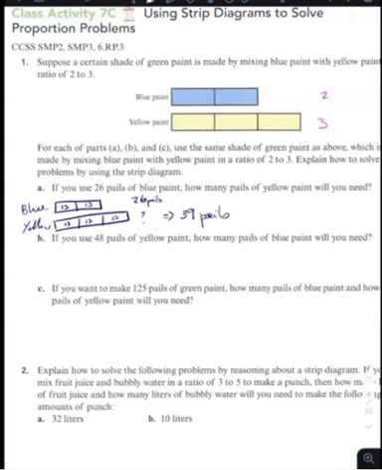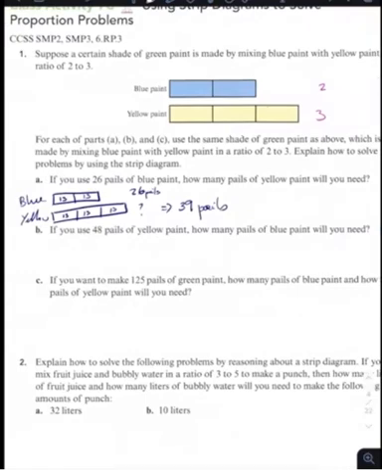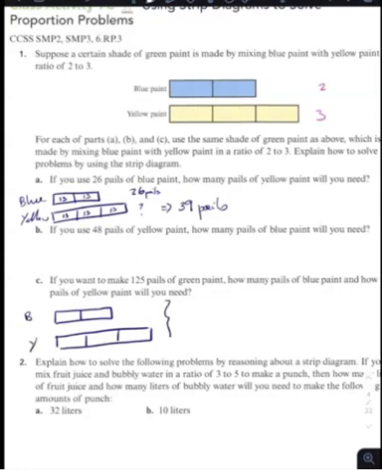If you want to make 125 pails of green paint, how many pails of blue paint and yellow paint will you need? So let's see if we have a total of 125. So this is blue, this is yellow, and the total is 125.